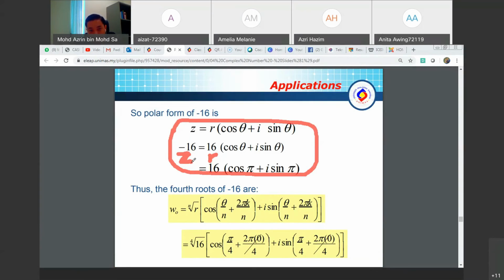Yes, that's right. Then theta is pi. Okay. Now we want to find the fourth root of negative 16, the fourth root of negative 16.